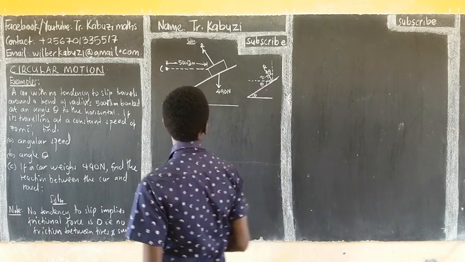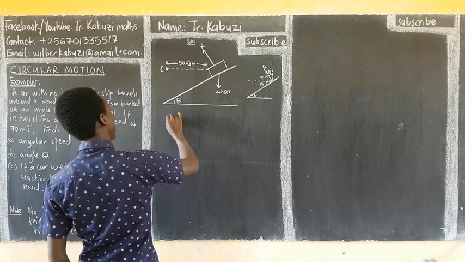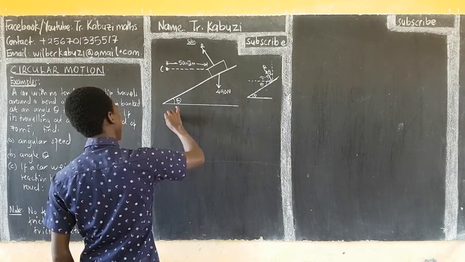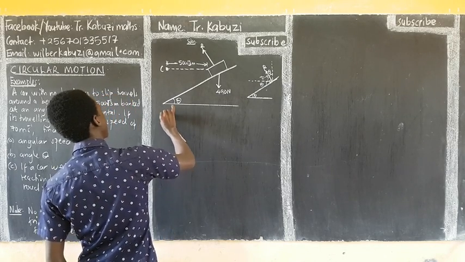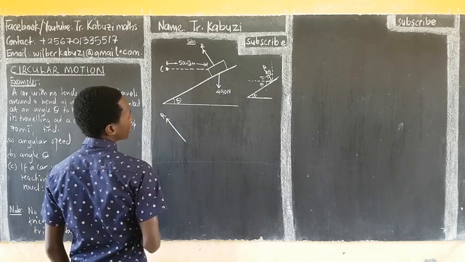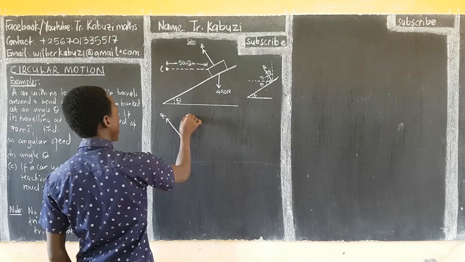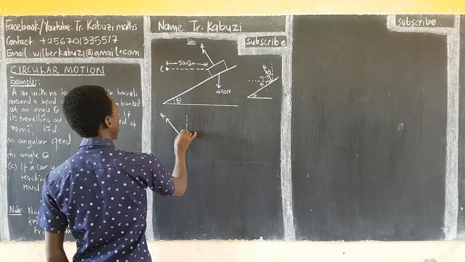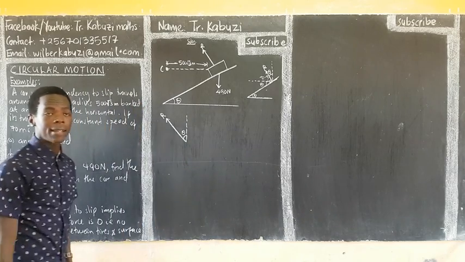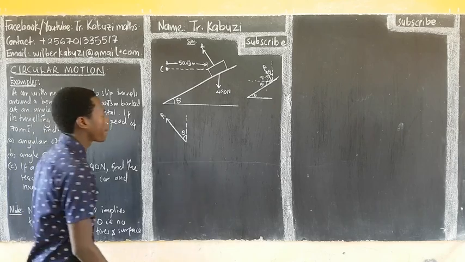Now if I focus on that and bring it out in this form, that's my reaction, and this angle here is theta. Even if you treat it as 90 minus theta, the answers are going to be the same.